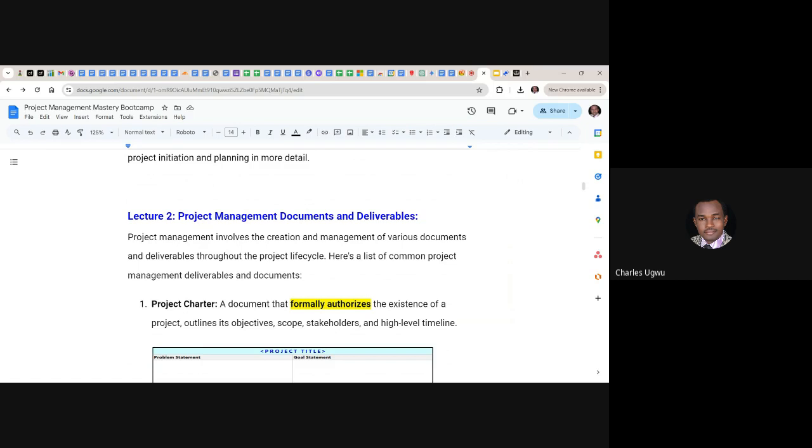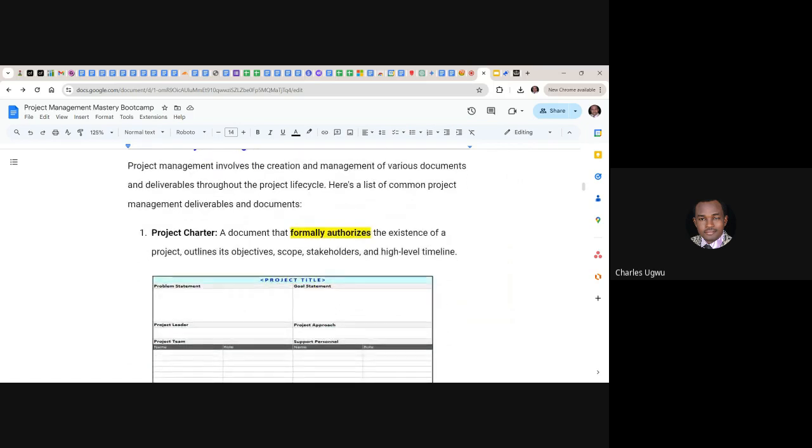These deliverables need to be documents. The first one we are going to look at is the project charter. We've had a brief talk about the project charter before. Now let's review the project charter again as a document.